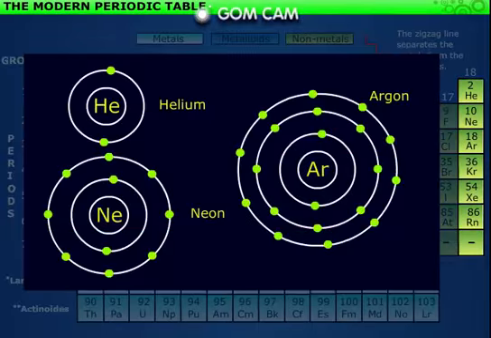Group 18 elements are known as noble gases or inert gases. For example, helium, neon, and argon. They have 8 electrons in their outermost shells. But helium is an exception. It has only 2 electrons in the K valence shell.